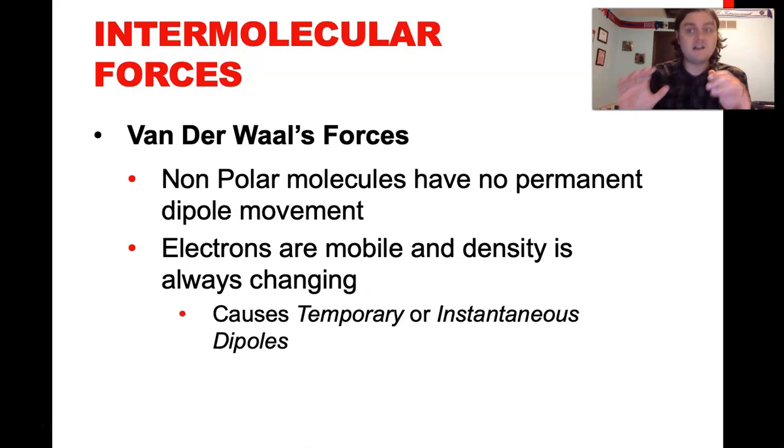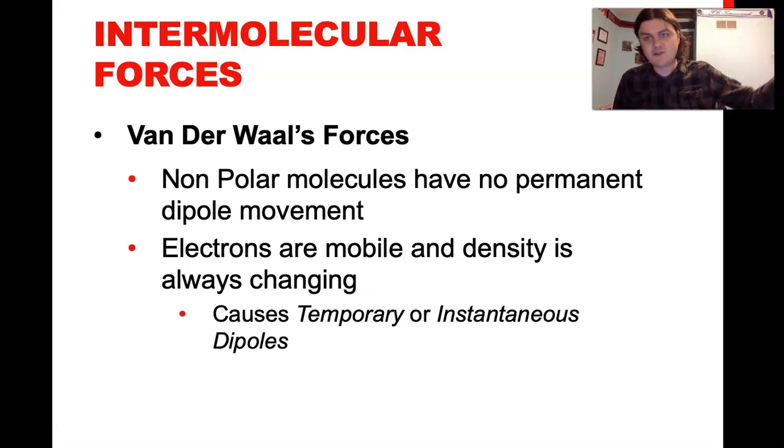And because there is a higher concentration of negative charge in this one area, that must mean that the other portion of this molecule has a lower concentration of electrons than average.